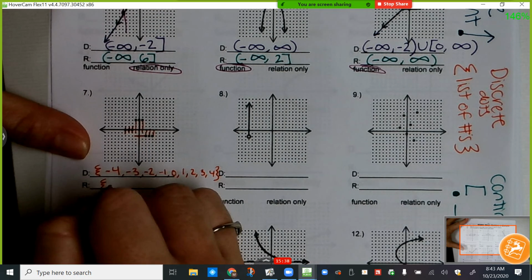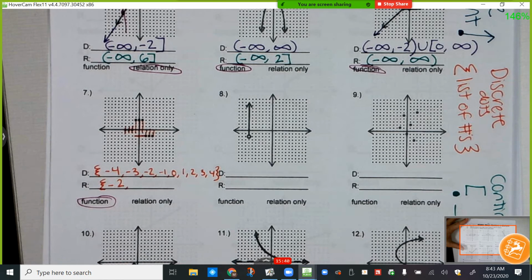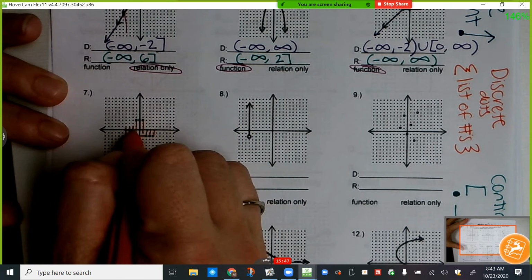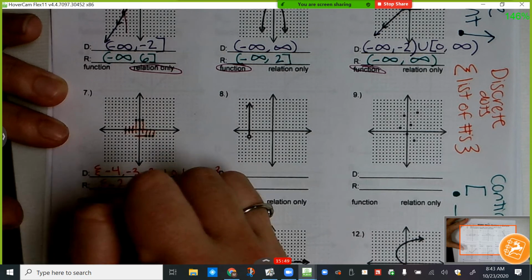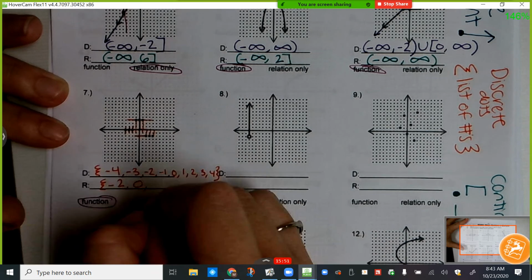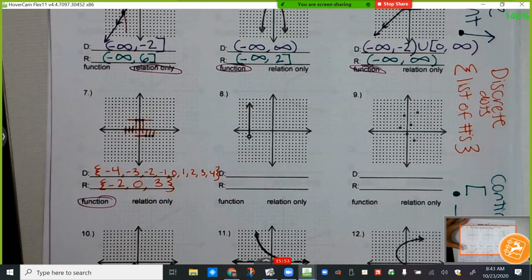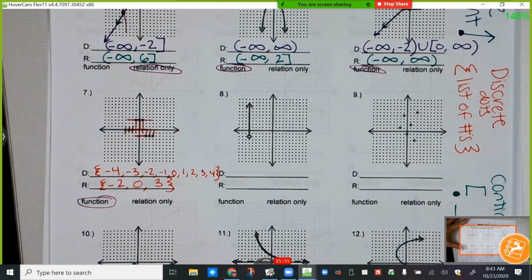How many points are at that height? 3. But do we write -2 3 times? No, we don't repeat the numbers. We only write it once. Okay, what's the height of the next ones? 0 and the next ones. So that's what we meant yesterday when we said we don't repeat numbers for domain and range.